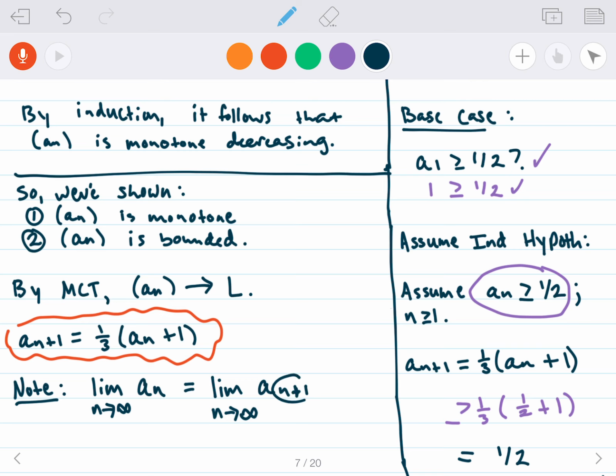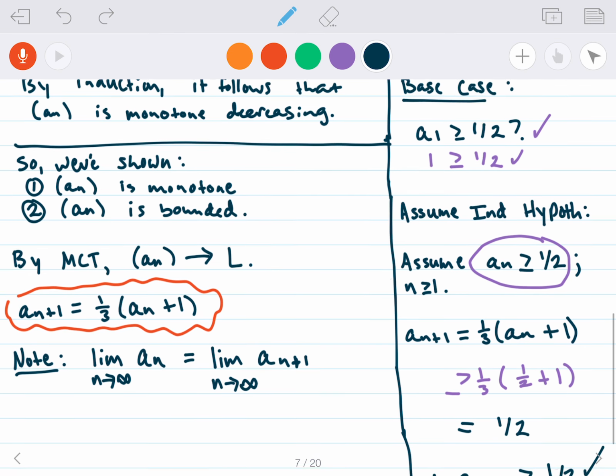Because since we're going to infinity, these two things are equal, right? We're making n as large as we want, and so the limit of these guys are going to be the same. Maybe you've seen this justified in another class, I'm not sure, but this is the key idea here.